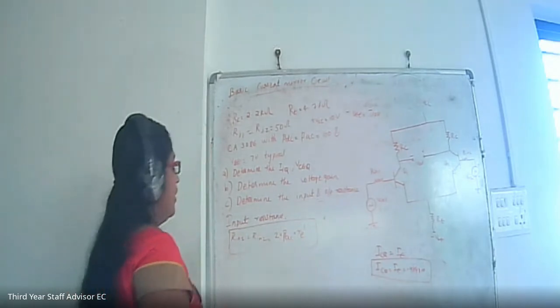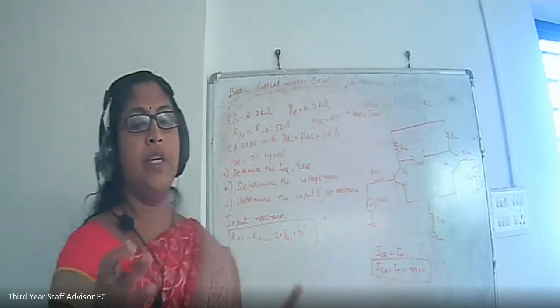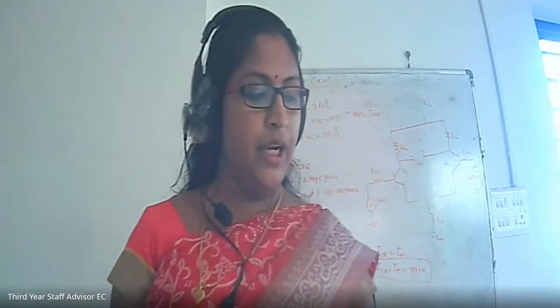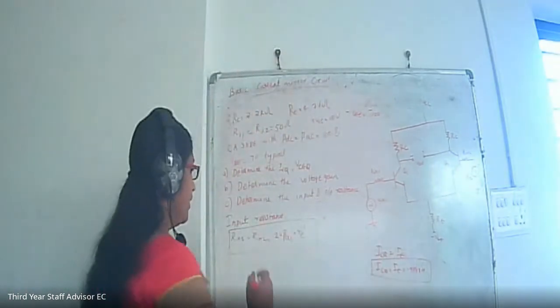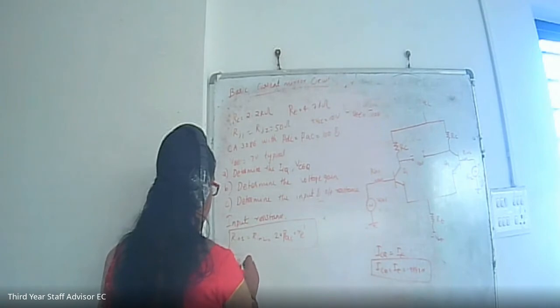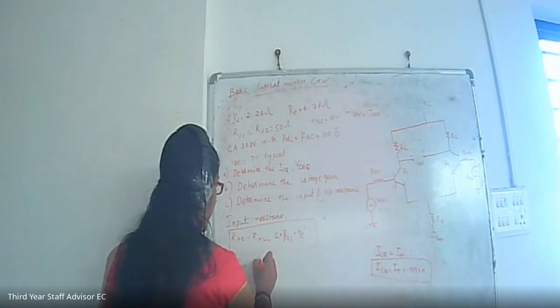You can turn the pages of your book. I have given an equation for input resistance as 2 into RS plus HIE. Actually both of these equations are correct, but in this problem it is better to use this equation for finding input resistance.